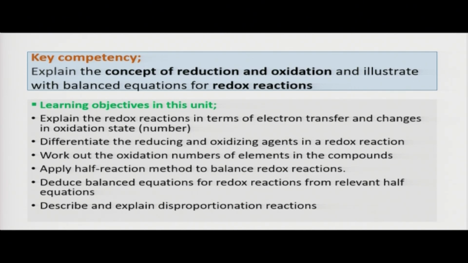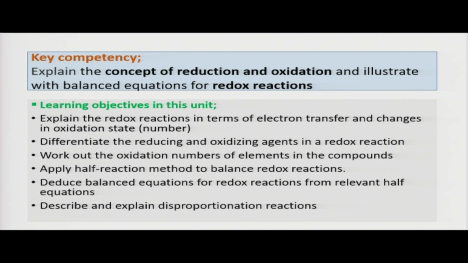So the learning objectives are, if I can paraphrase, you're supposed to explain in detail what a redox reaction is, connecting it to the transfer of electrons, distinguish between a reducing and oxidizing agent as it regards to redox reactions, work out different oxidation numbers or oxidation states from which you can tell which element has been oxidized or reduced, then use that prior knowledge to write balanced equations for redox reactions.